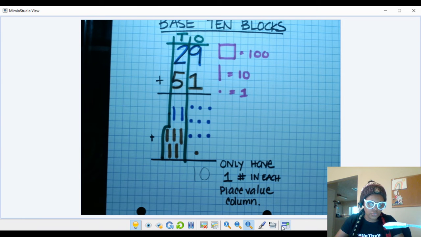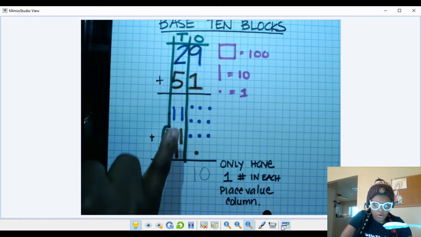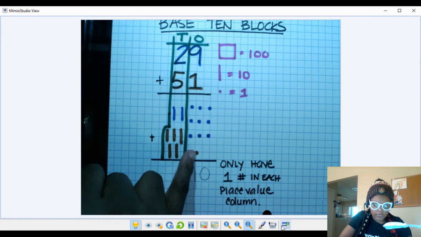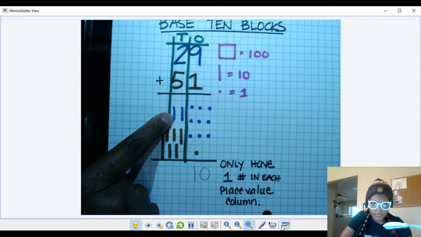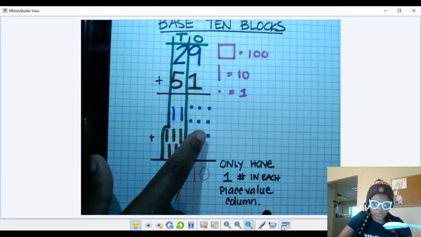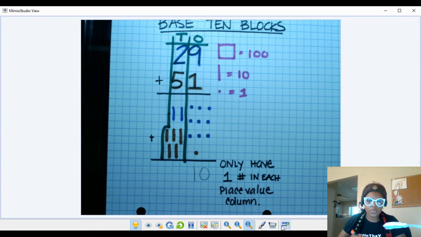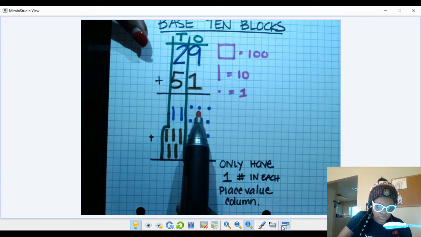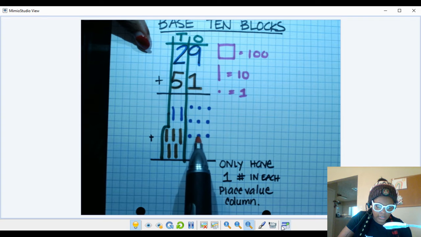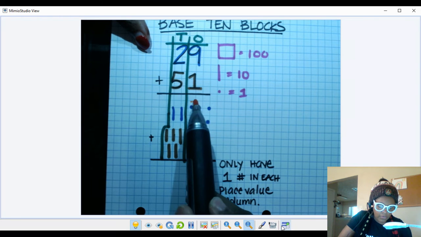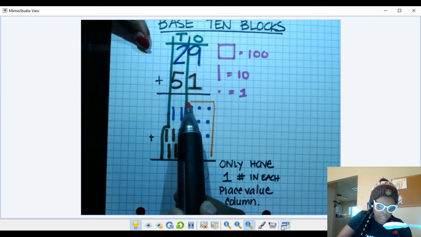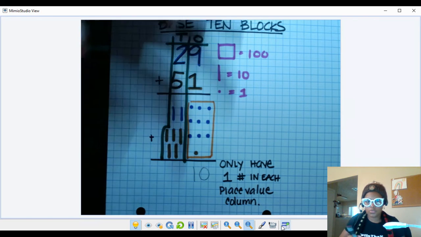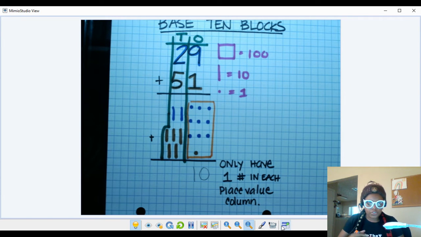What we have to do is exchange all of our little ones for a 10. So now let's count out 10 ones and put that in an orange circle so that we know they're going together as a group. So here's 1, 2, 3, 4, 5, 6, 7, 8, 9, 10. Everybody who's leaving and being exchanged is being put in an orange box or circle. So now we're exchanging all of those for 1 ten.